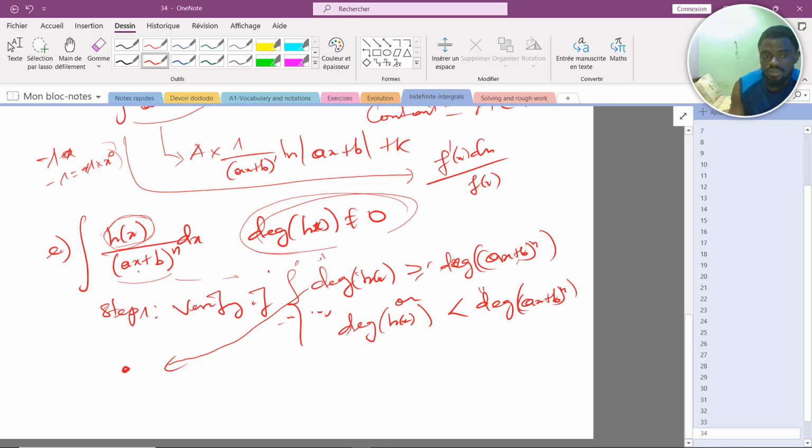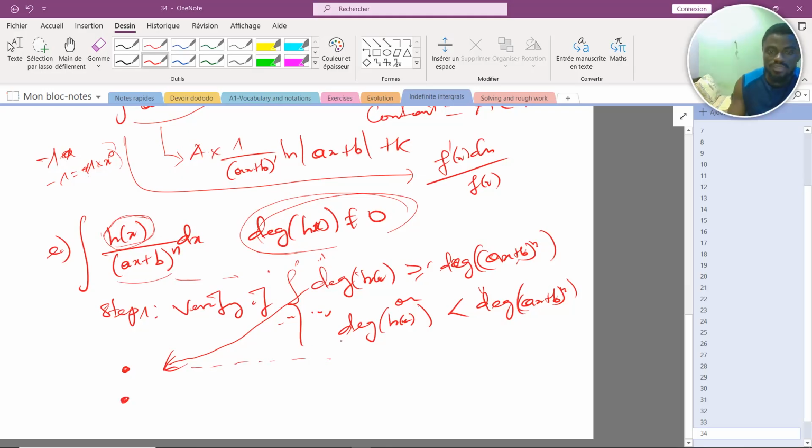You understand? So as I said, if the degree of h of x is greater than or equal to the degree of ax plus b, you will naturally first of all proceed to long division. And after doing a long division, you will proceed to the integration.